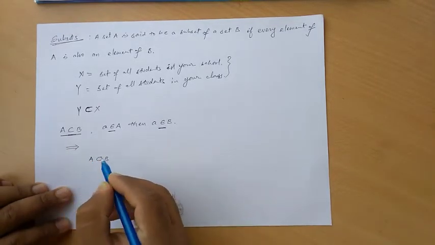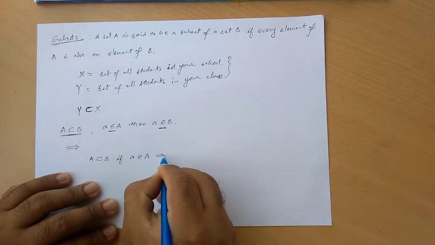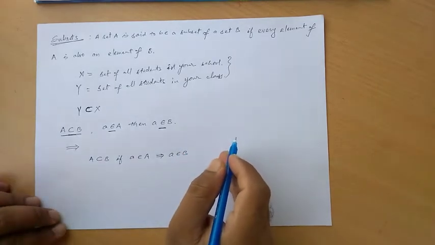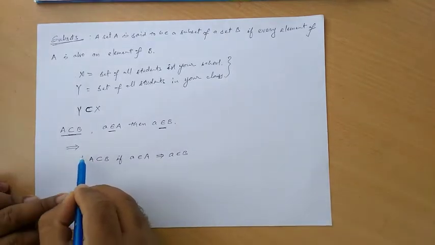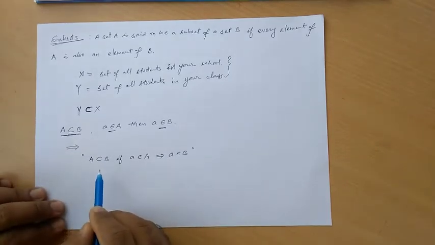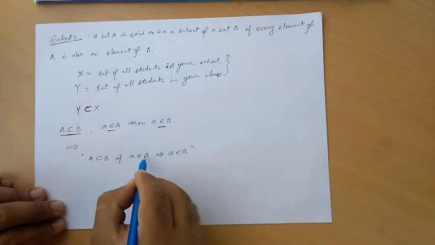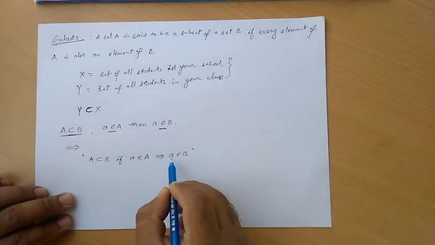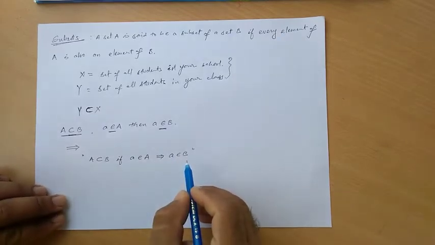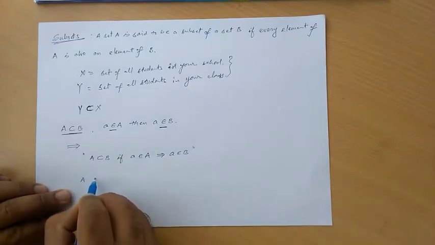A is a subset of B if a belongs to A implies a belongs to B. This statement is read as: A is a subset of B if a is an element of A implies that a is also an element of B. And whenever we find that A is not a subset of B, we write it like this.